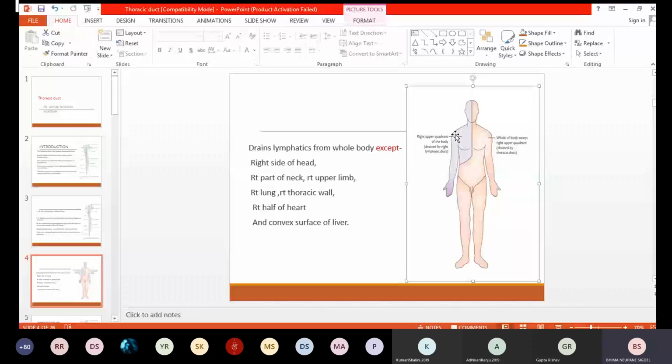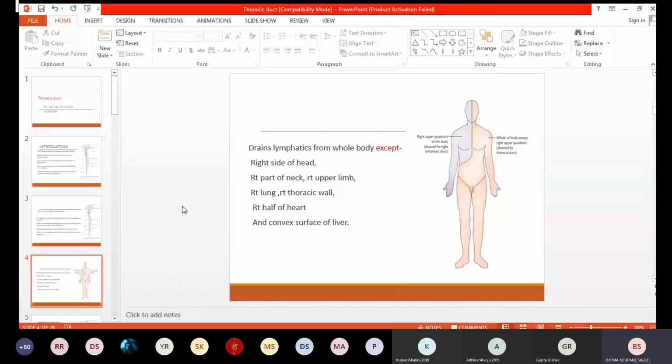So from this small part only, whereas the lymphatics of the remaining part of the body are drained via the thoracic duct into the venous channel, or the blood stream, you can say.